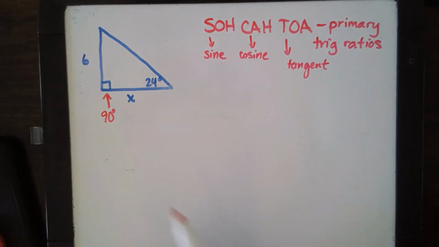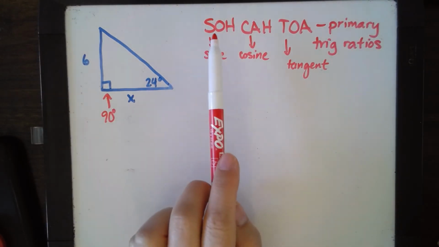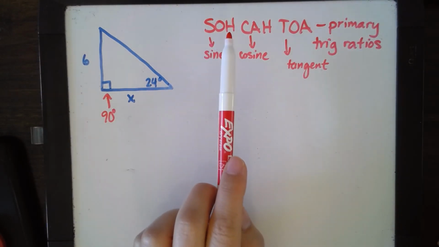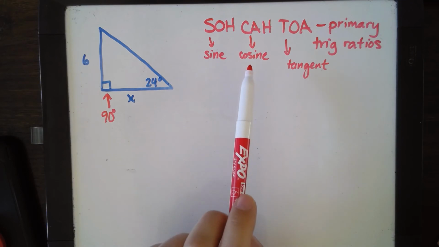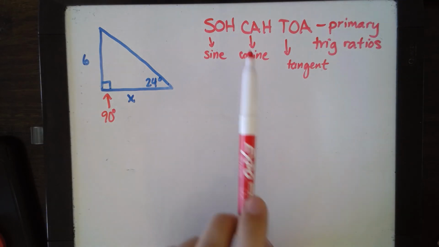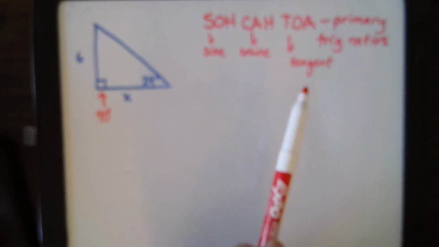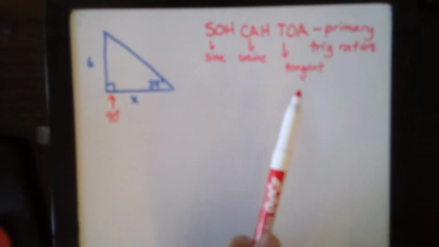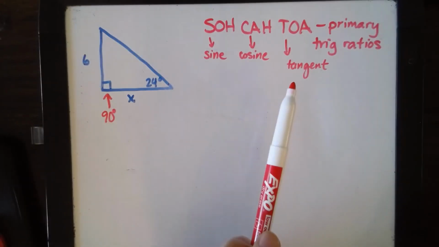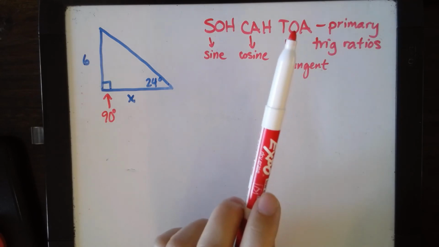The way it works, if we remember, is sine is the ratio of our opposite over our hypotenuse, cosine is the ratio of our adjacent over our hypotenuse, and tangent is the ratio of the opposite side length over the adjacent.